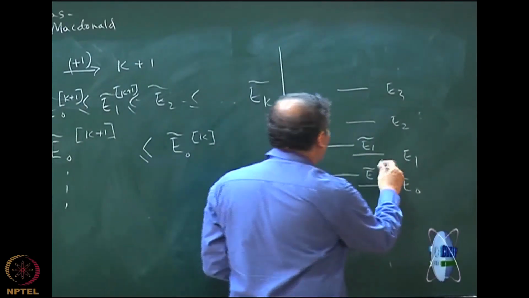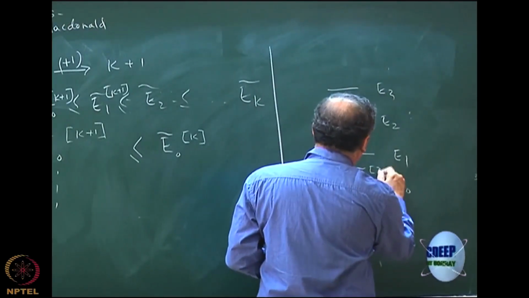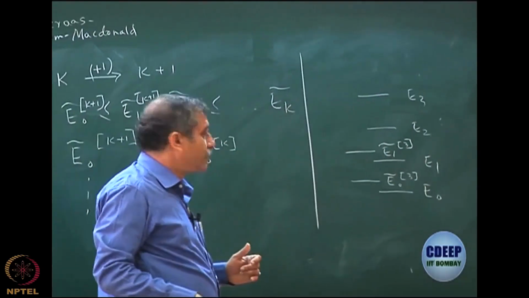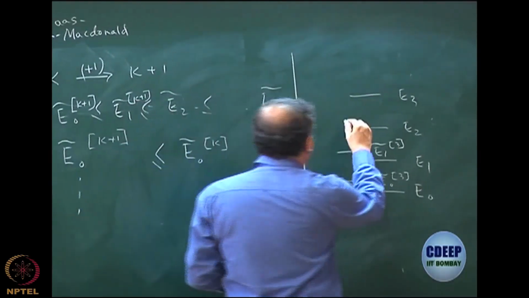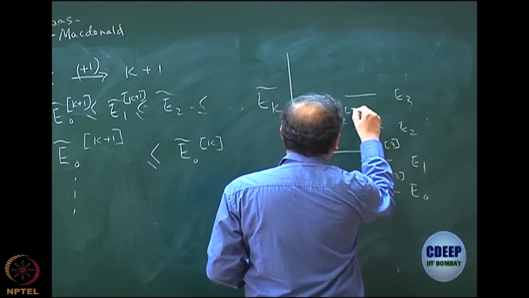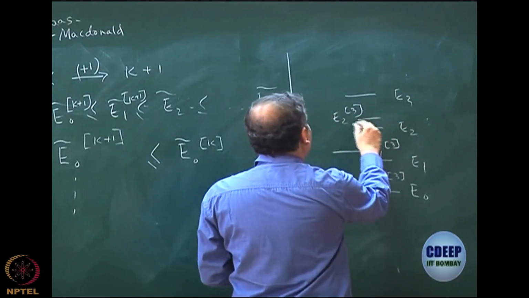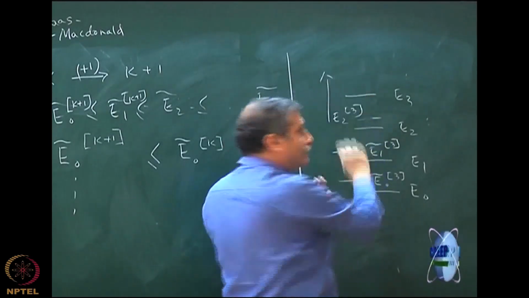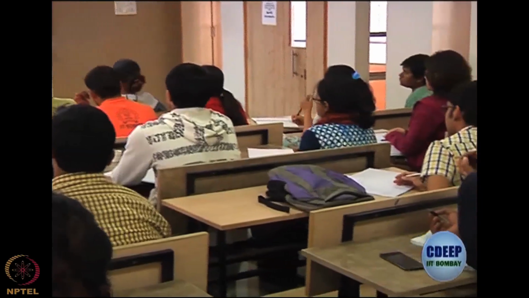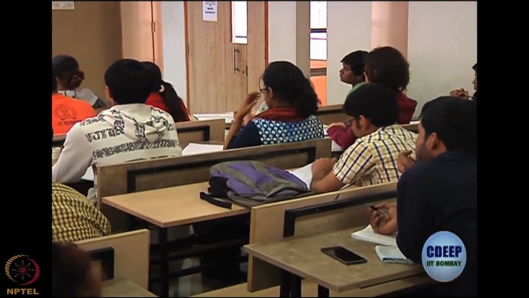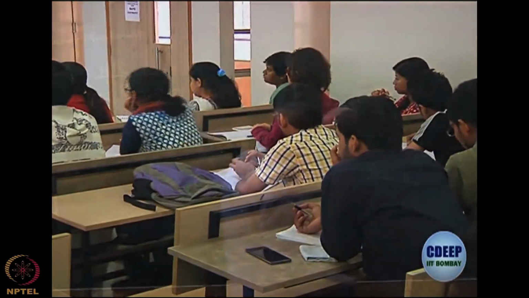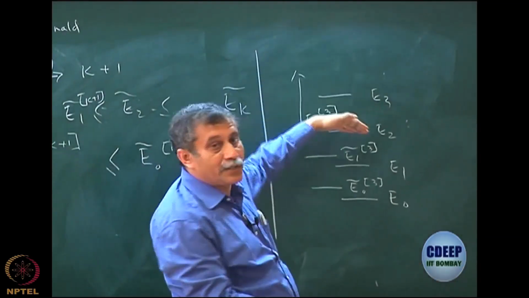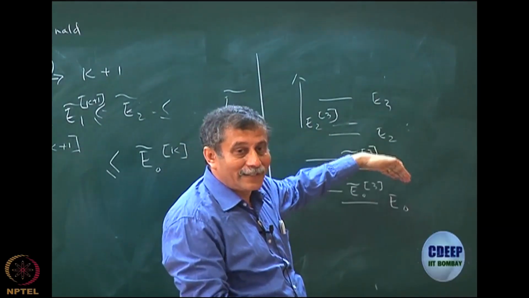So this is my 3-dimensional basis. I have a total of 4 solutions, and then I will get E2 tilde, which will be higher than here, but not necessarily here. Now that I don't have a fourth solution, this can go anywhere. But when it stops here, I don't care whether E2 tilde 3 is here, in between E2 and E3, or here. It has to be only greater than E2, right?